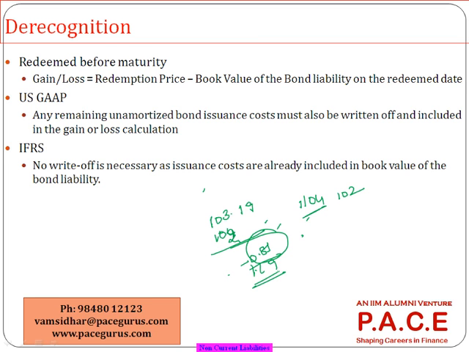This is one thing associated with derecognition, because the bond does not exist anymore. It's closed. The bond is cancelled. In that case, this is one entry that typically goes off. And okay, there is one small difference with respect to GAAP and IFRS, especially with respect to issuing costs.